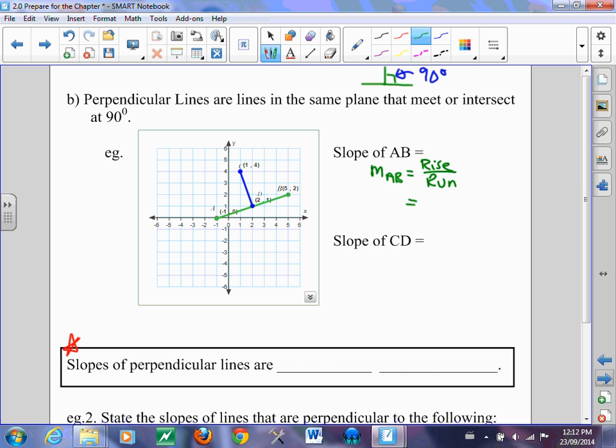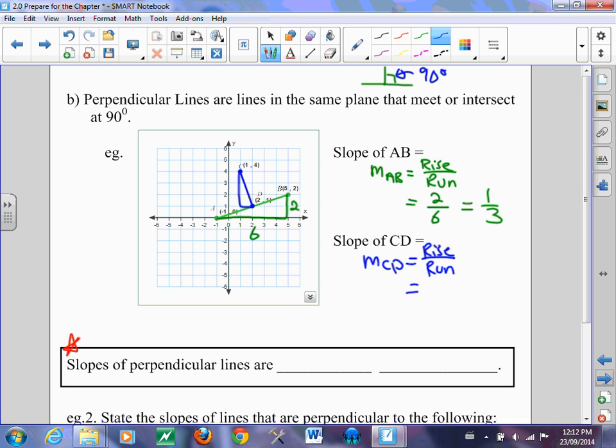In this case, ladies and gentlemen, if I draw my box, I'm going to rise 2 and I'm going to run 6. So it's going to be 2 over 6. Please don't forget to put it in lowest terms, so it's going to be 1/3. Okay, and let's take a look at slope of CD, the blue. So I'm going to take a look here. Again, the formula is slope of CD equals rise over run.